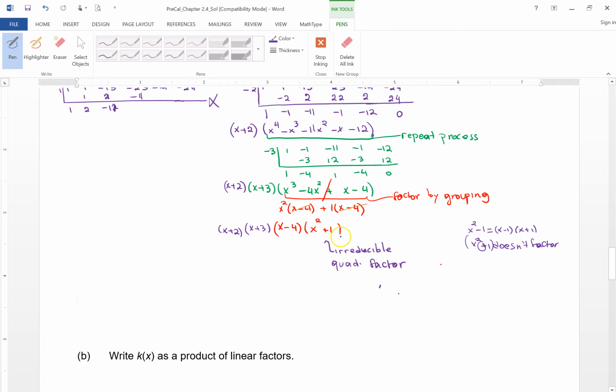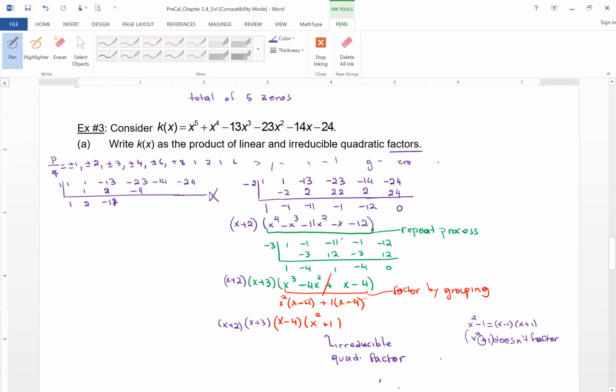It's quadratic, and it can't be factored. Putting it all together, it's an irreducible quadratic factor. It's a mouthful. And if you go back to the instructions, you realize that what we had to do was write kx as the product of linear and irreducible quadratic factors, and that's what we've done. Okay, so here we have linear factors and an irreducible quadratic factor.